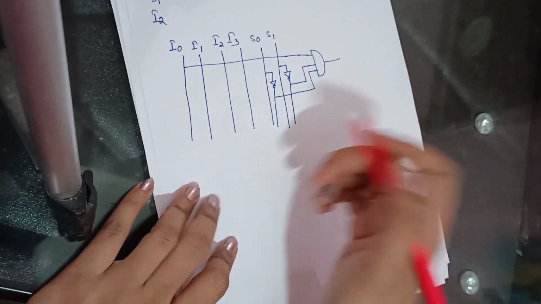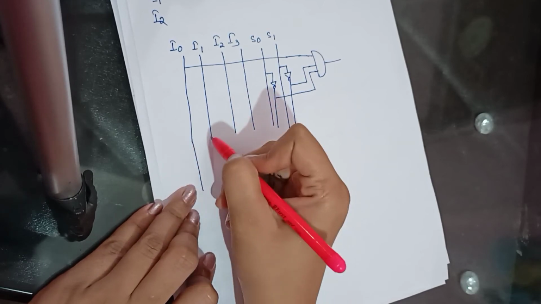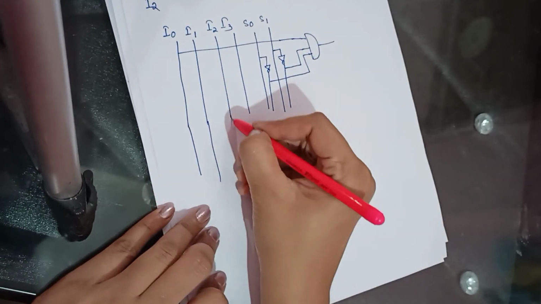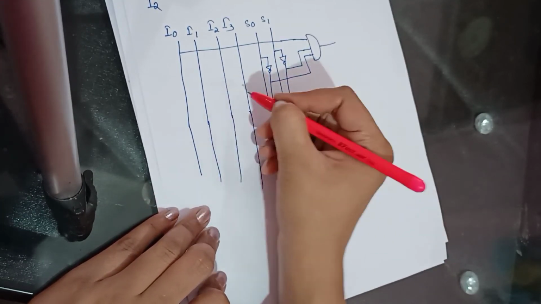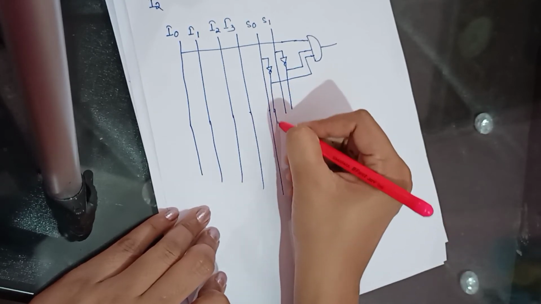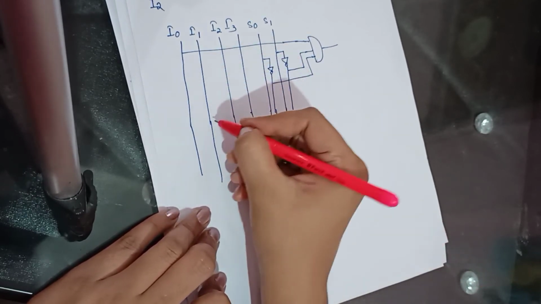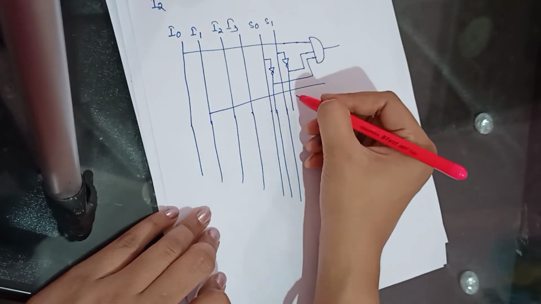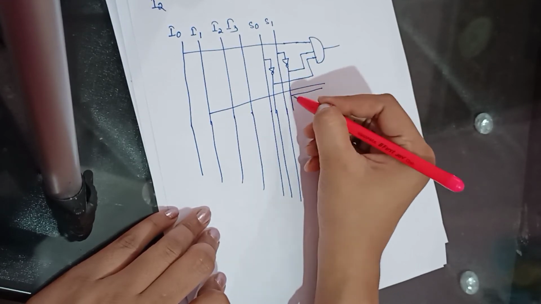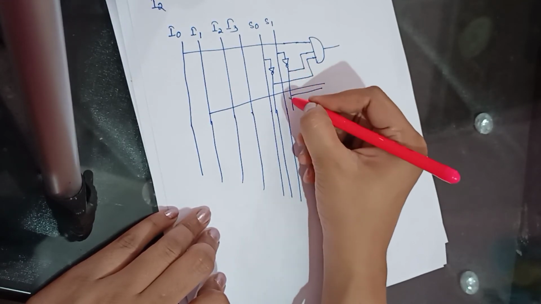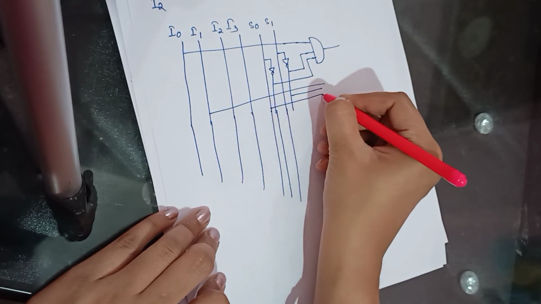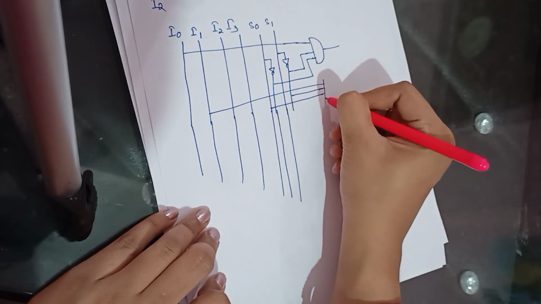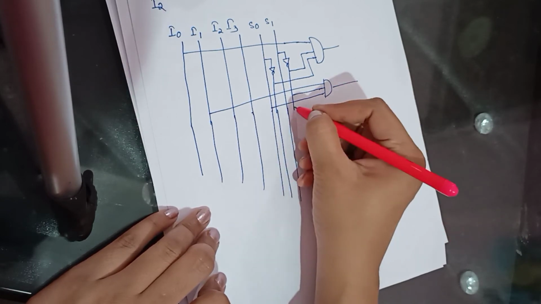Then I1 S1 bar S0. Here is your I1, S1 bar. Then S0. These are in an AND gate.